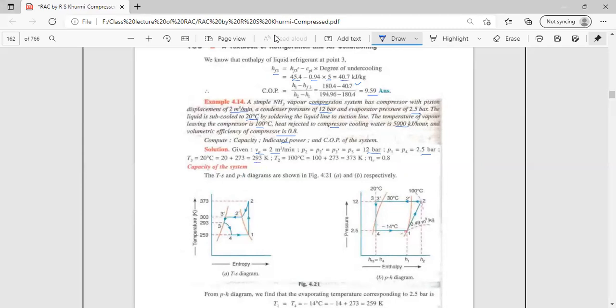And T2, the temperature at the end of compression, is as high as 100 degrees centigrade, which is equal to 373 Kelvin.